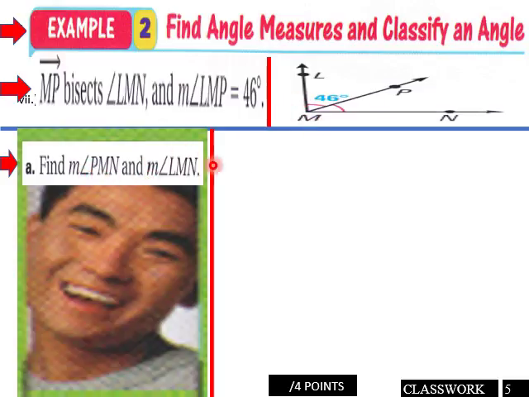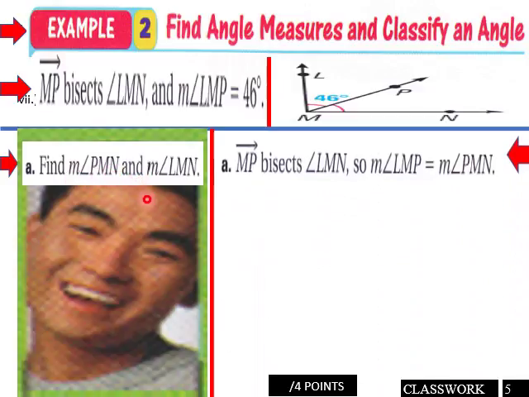Find the measure of PMN and LMN. Well, okay, MP bisects LMN. We know this angle here, LMP, don't we? And measure LMP equals 46. So we need to find these two angles here.